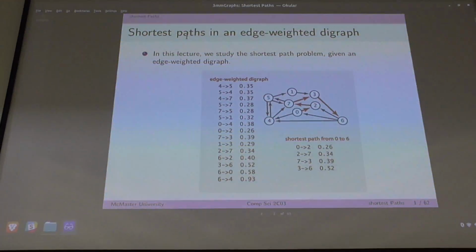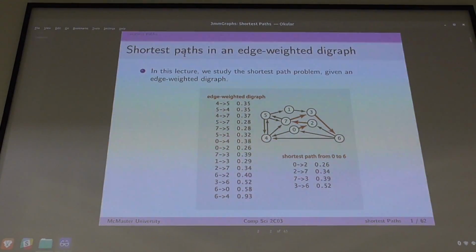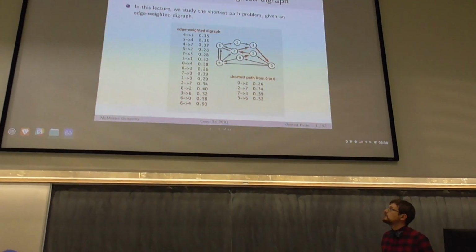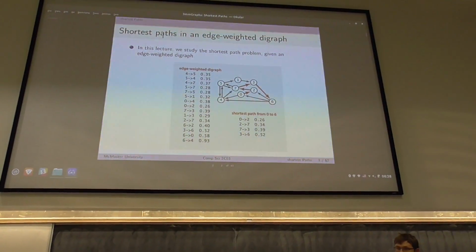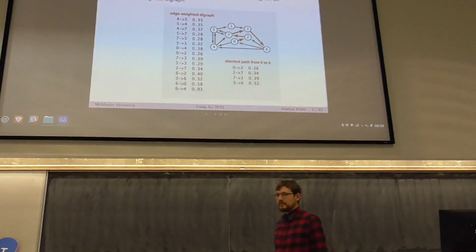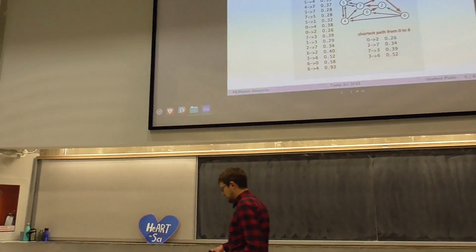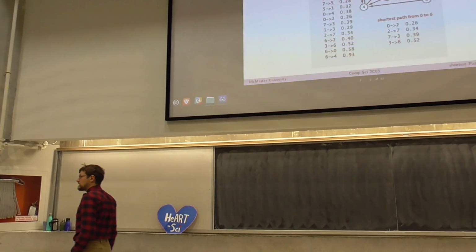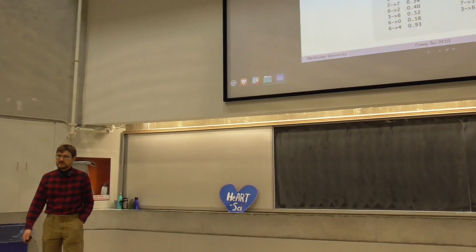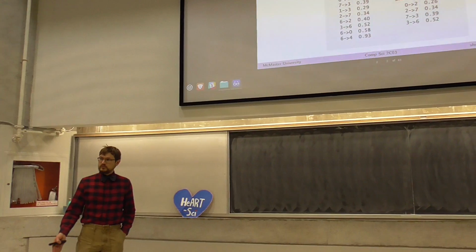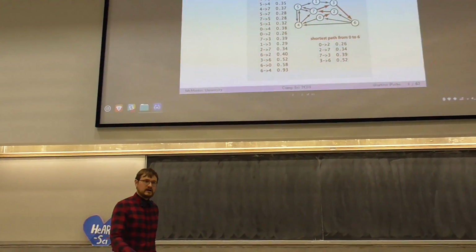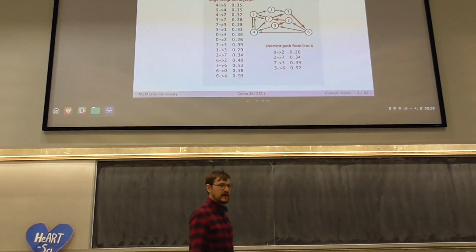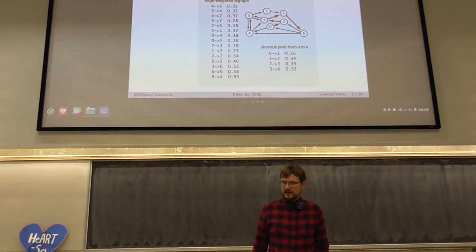So we're going to apply shortest path algorithms to directed edge-weighted graphs. If you sort of recall the general theme of the graph algorithms we've been studying so far, we started with undirected, then we did directed, then we did undirected edge-weighted, and now we're doing directed edge-weighted.